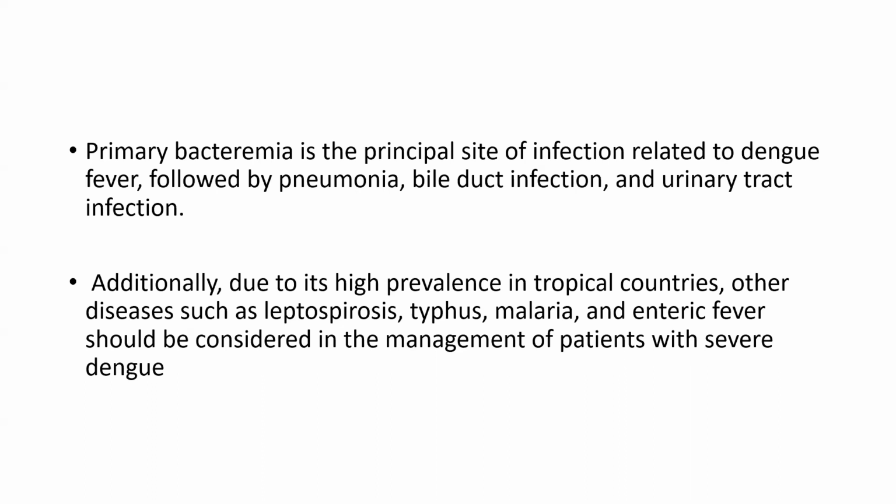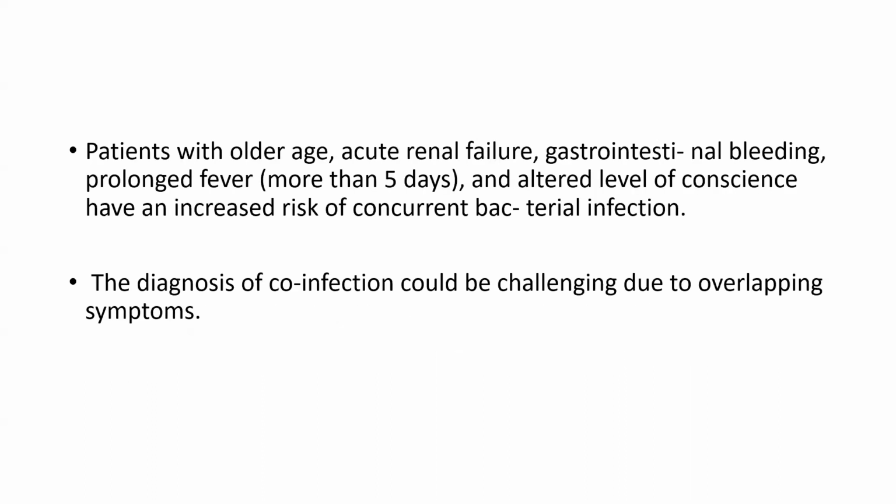Additionally, due to its high prevalence in tropical countries, other diseases such as leptospirosis, typhus, malaria, and scrub typhus fever should be considered in the management of the patient with severe dengue. Patients with older age, acute renal failure, GI bleeding, prolonged fever, and altered level of consciousness have increased risk of concurrent bacterial infection.